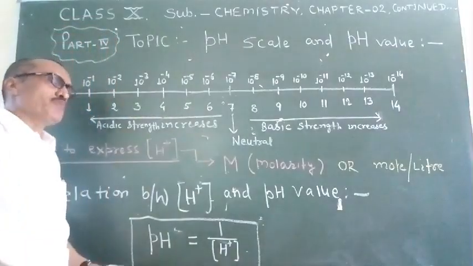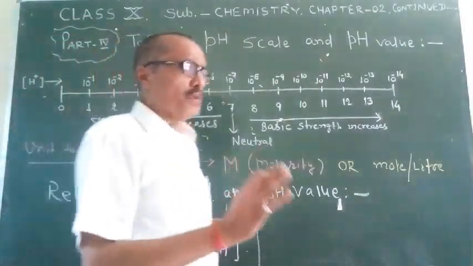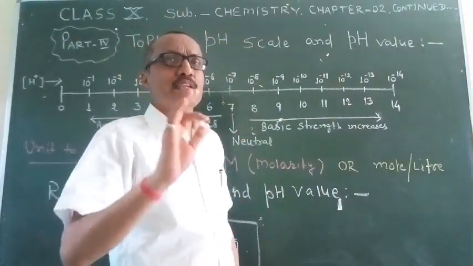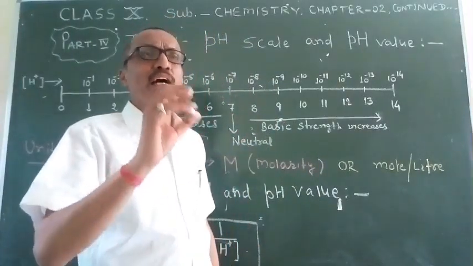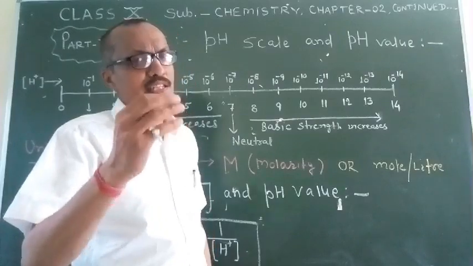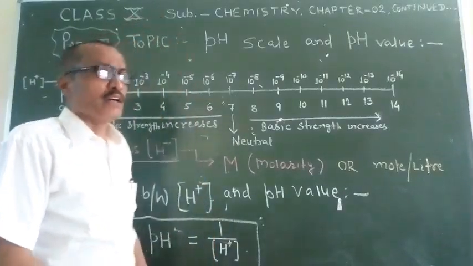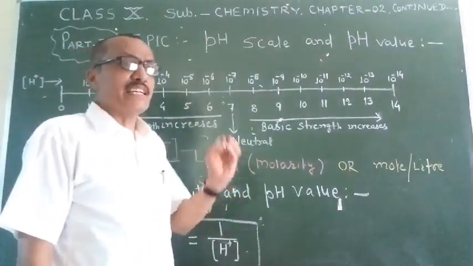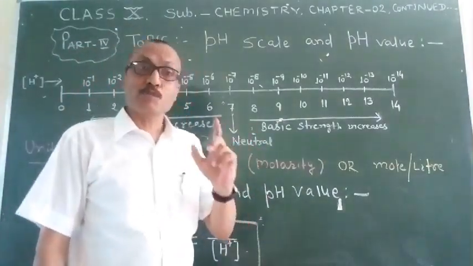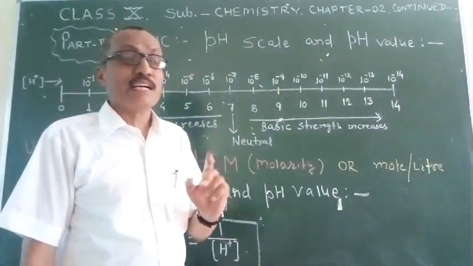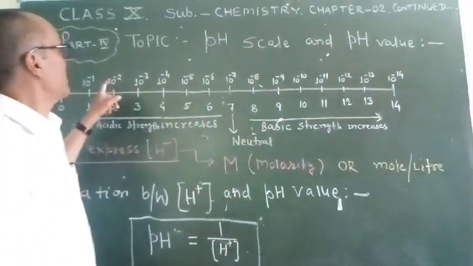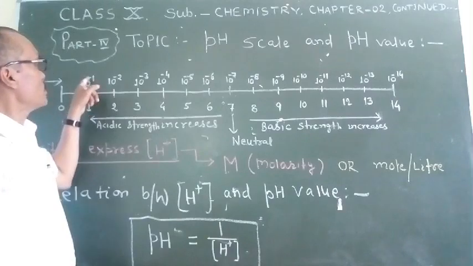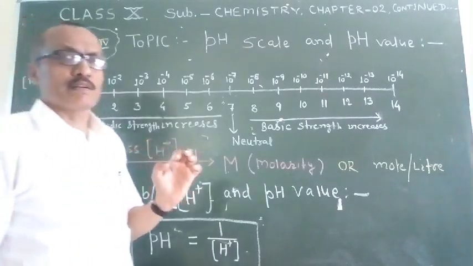Okay? Student, I told you actually pH measures hydrogen ion concentration in a solution. Hydrogen ion concentration is expressed in exponential form, in terms of 10 to the power minus.